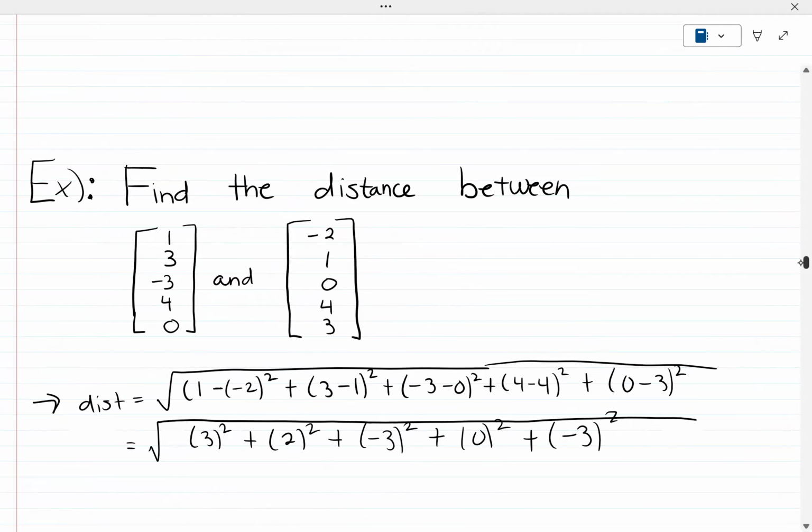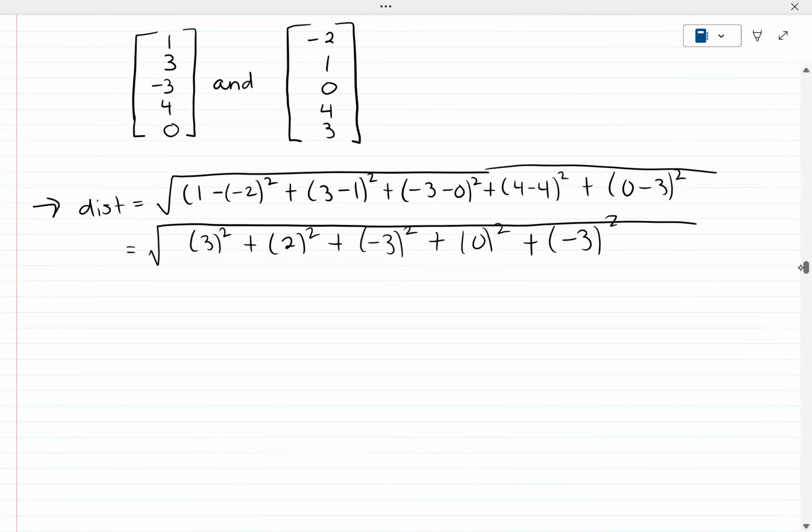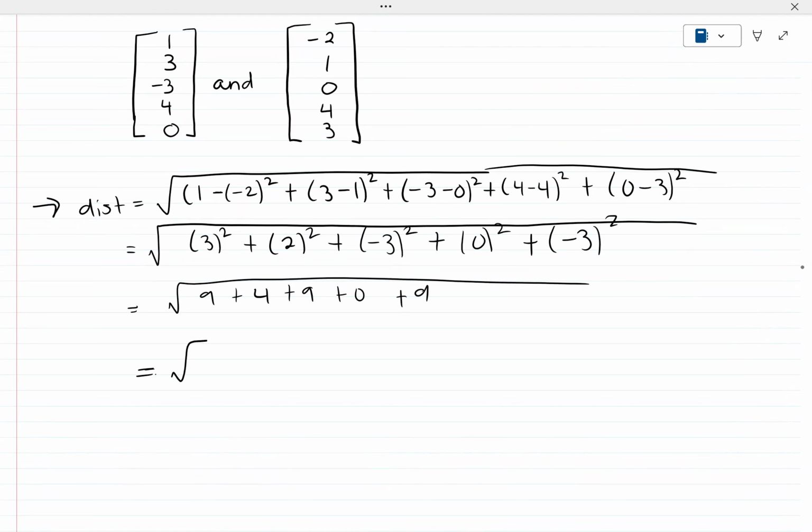Keep on going. And when you do, you're going to get 9 plus 4 plus 9 plus 0 plus 9, and you get square root of 31. Okay, so this is your final answer.